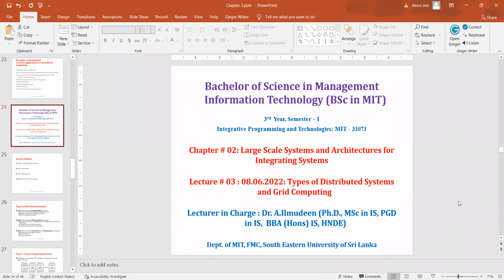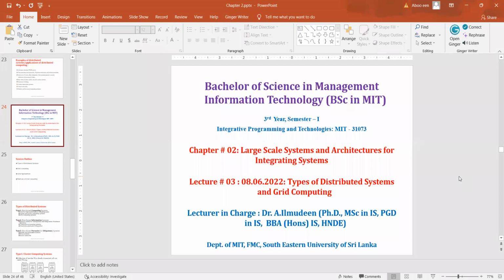Types of distributed systems and grid computing.